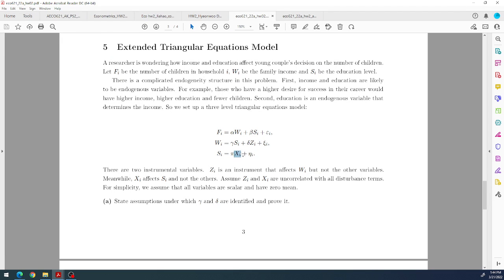So X is an instrument for S. Z is an instrument for W. But I assume that they are excluded. And then we want to identify the third, the structural form equation. So in this case, only one is structural and the others are reduced form, right?